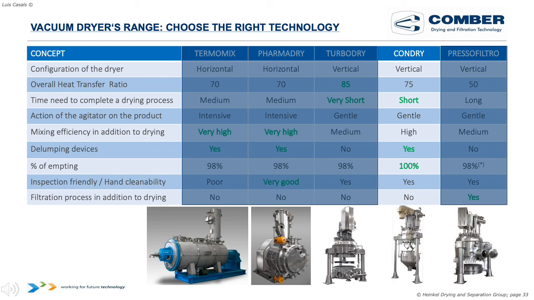Notice also in the column that I've highlighted the time required to complete a drying process, because in terms of drying, Con Dry also has a quite good overall heat transfer ratio.